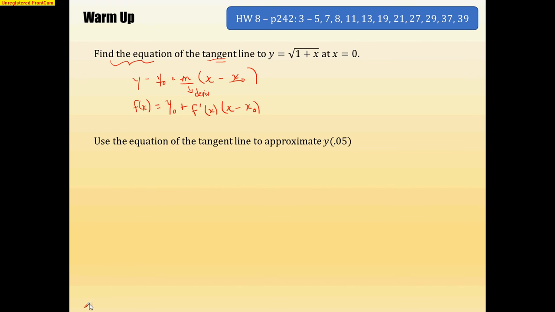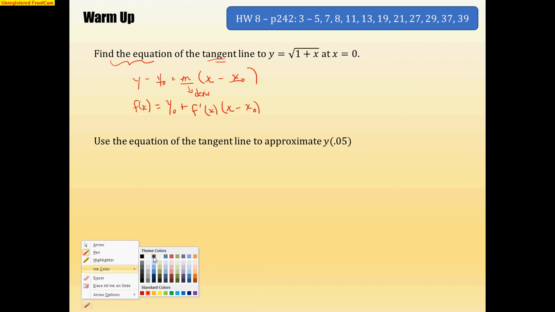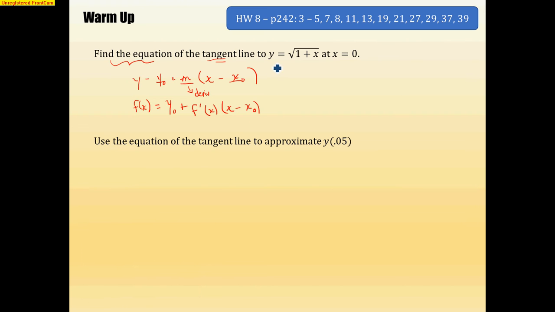I want to use the equation in this form to write the equation of the tangent line to the square root of 1 plus x, which of course we can also think about as 1 plus x to the 1/2. The first thing we do is find the derivative.